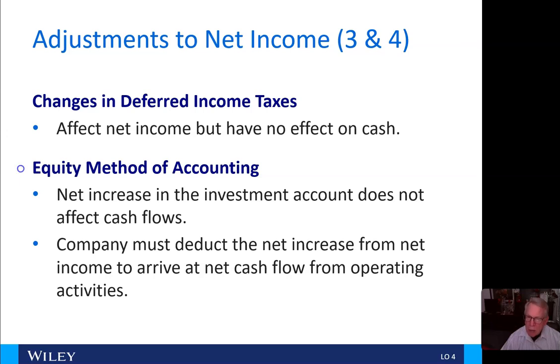Equity method of accounting. Net increase in the investment account does not affect cash flows. The company must deduct the net increase from net income to arrive at net cash flow from operating activities.